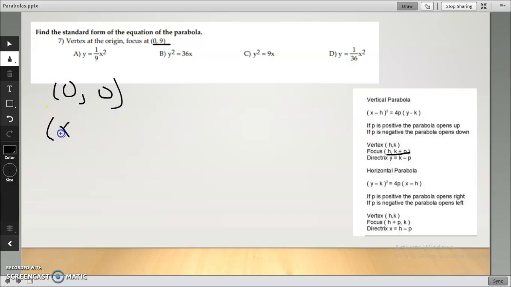So that's going to be x minus 0 squared equals, now I need to find out what p is. And so k plus p is equal to 9. I know that from this part here.